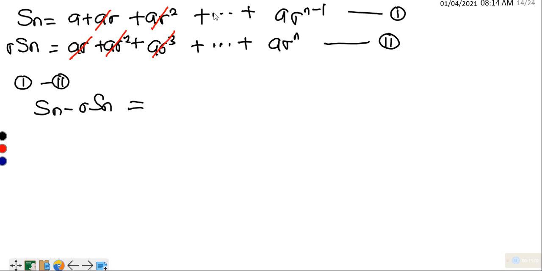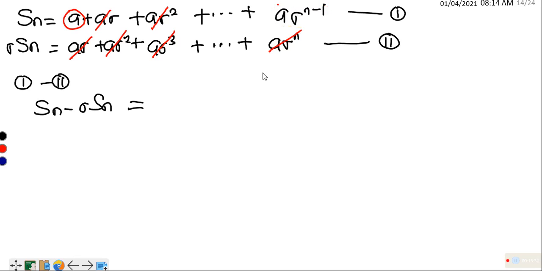So what we will basically have is the first term a and the last term.